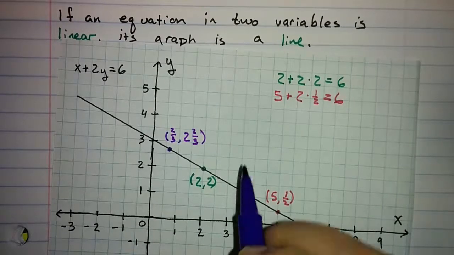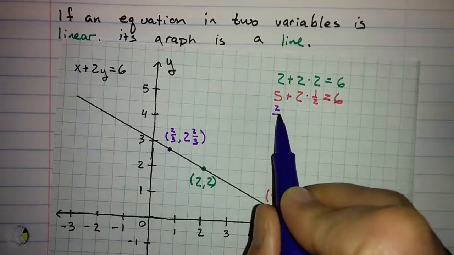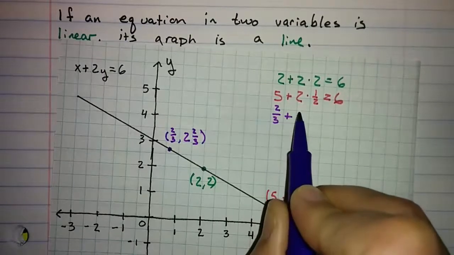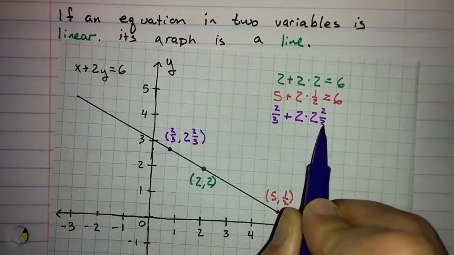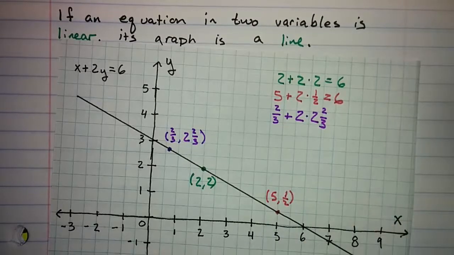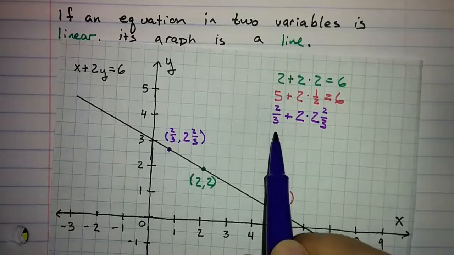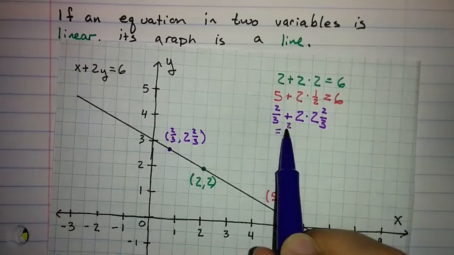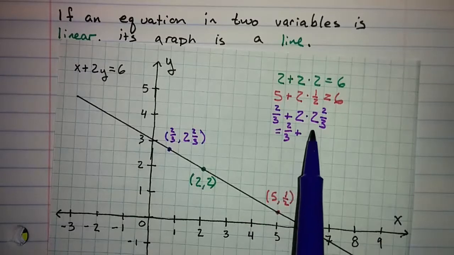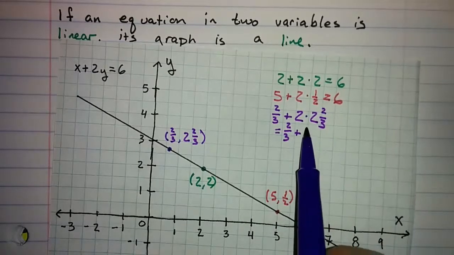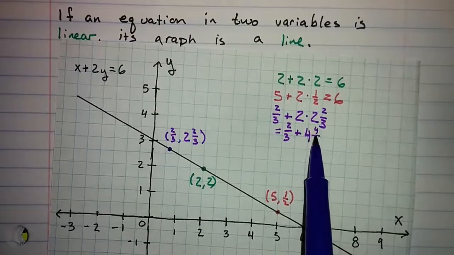Does that work? 2/3 plus 2 times 2 2/3. That'll be 2/3 plus 4 4/3.